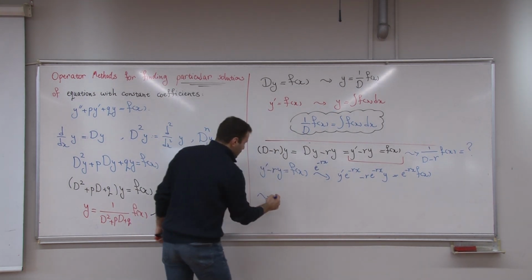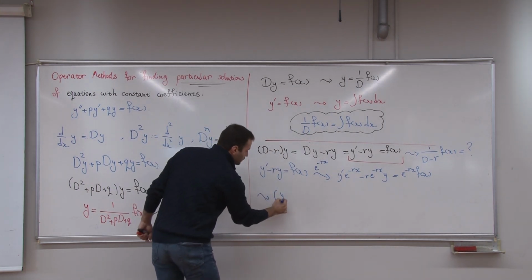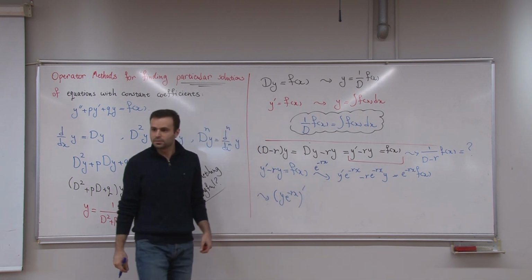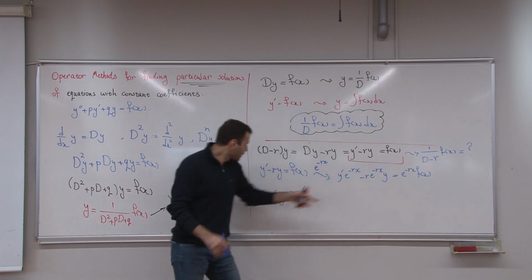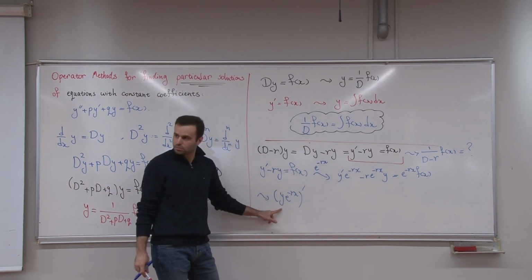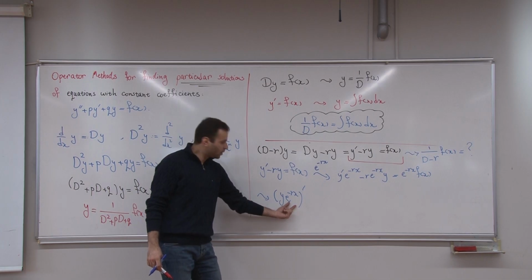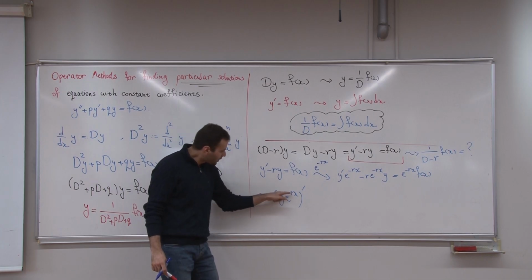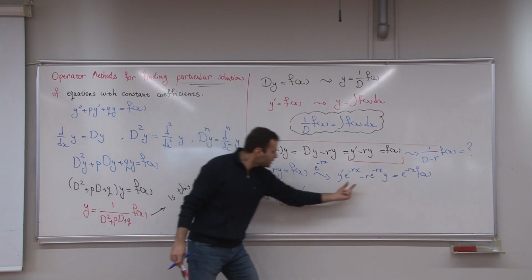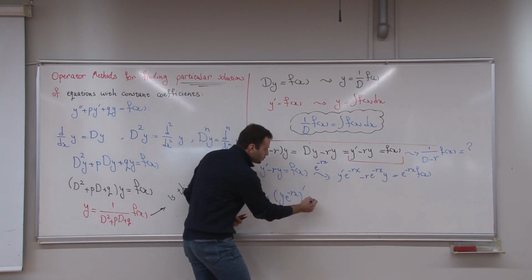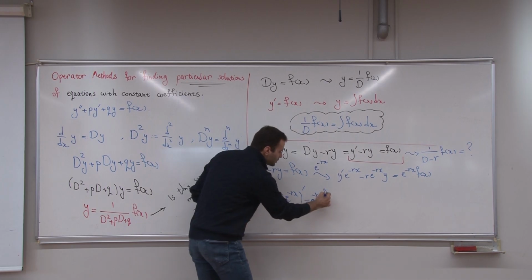Isn't this equal to the derivative of y e to the power of minus rx, the left hand side? Yes. Derivative of the first one multiplied by the second one plus derivative of the second one, which is minus r e to the power of minus rx, times the first one, equal to e to the power of minus rx f of x.